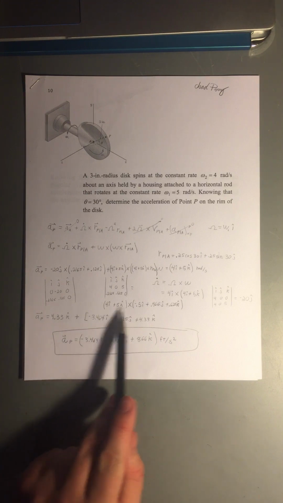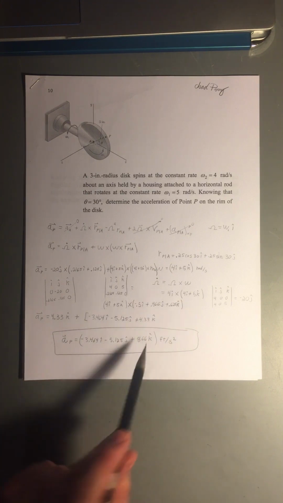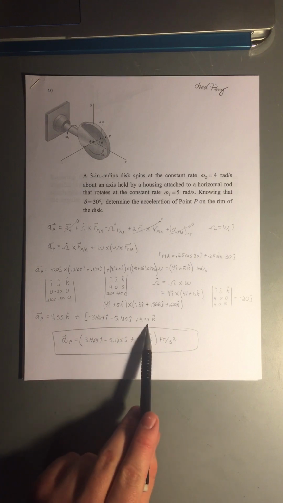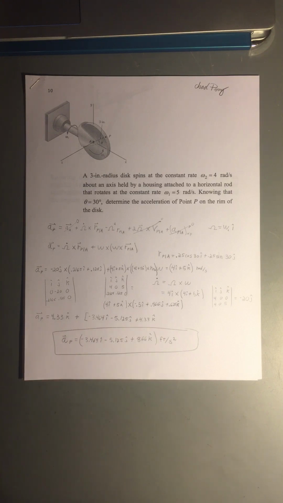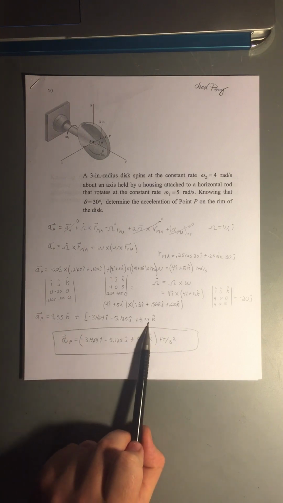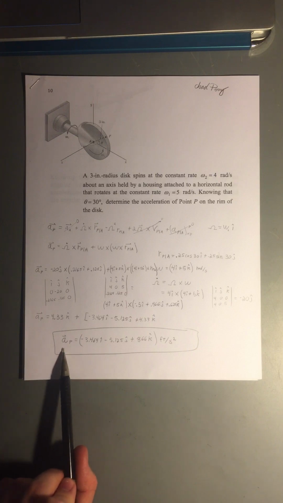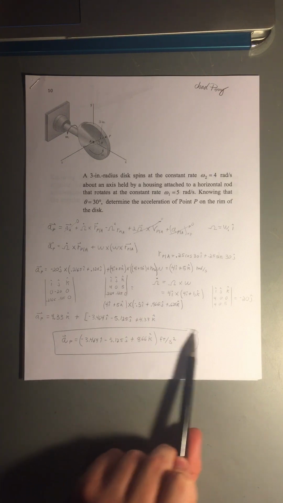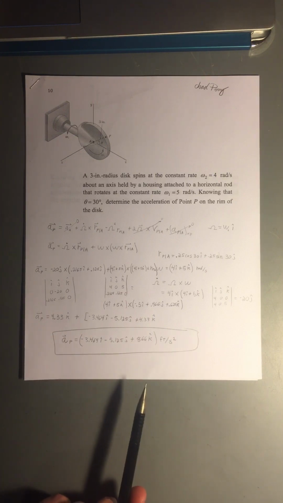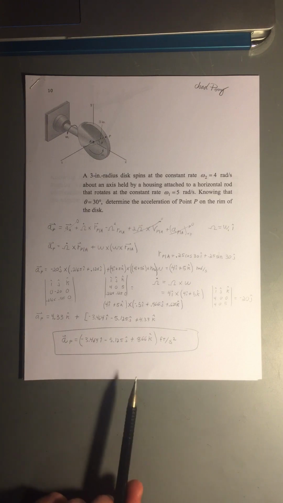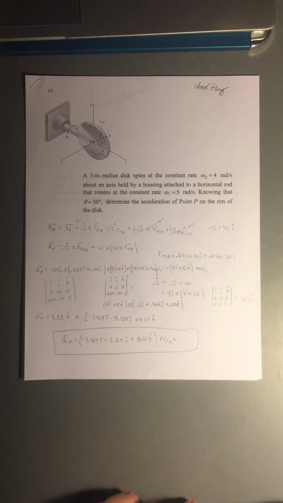So this is the result of the first cross product, and then after the second cross product we had this. And then it was just a matter of this addition here, so we just had to combine like terms. We had two k hat terms that could be combined, which gives us this final equation for the acceleration of point P on the rim of the disk, and that is in feet per second squared.